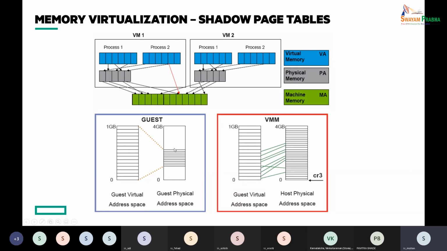So if a guest OS tries to write to CR3, it will be intercepted by the VMM, and the VMM will make sure that the correct CR3 is there and it is not allowed to be overwritten with what the guest wants to write. So that's how virtualization is done. This method is called shadow page tables. Basically the VMM is maintaining a shadow of the real page tables, which translate from the guest virtual address space to the host physical address space.